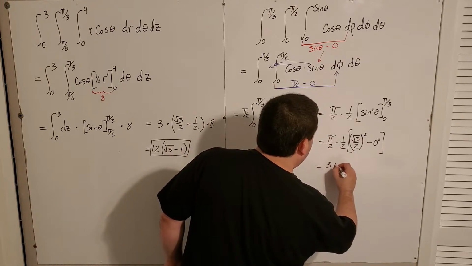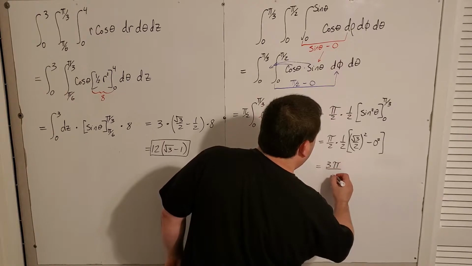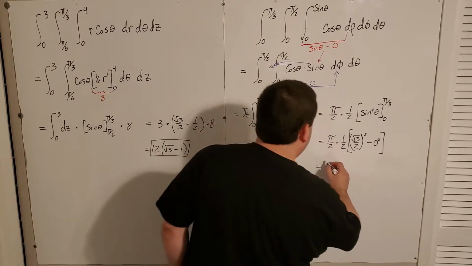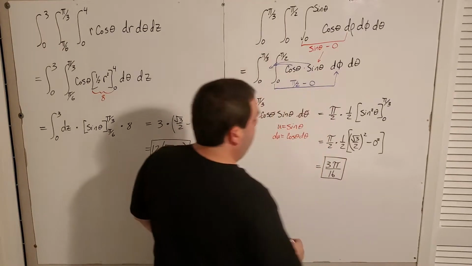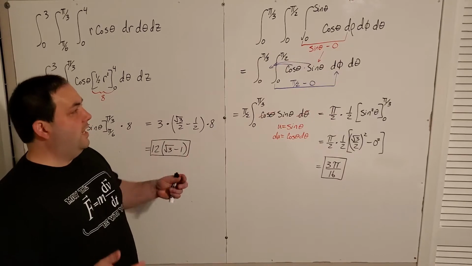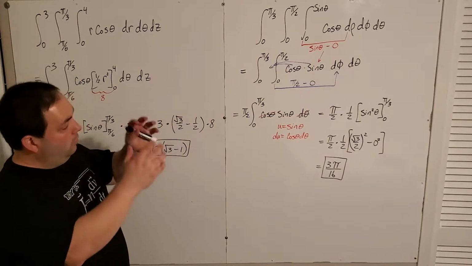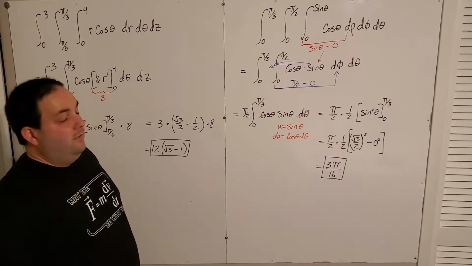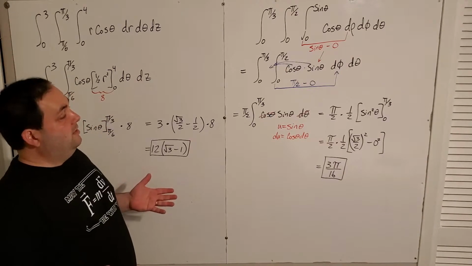So altogether I've got 3 pi over 16, right? 4 times 4 there. So again, when the integrals are already set up, no factoring or multiplication factors are needed or anything like that. They're just ready to go. They just happen to be in the other coordinate system.